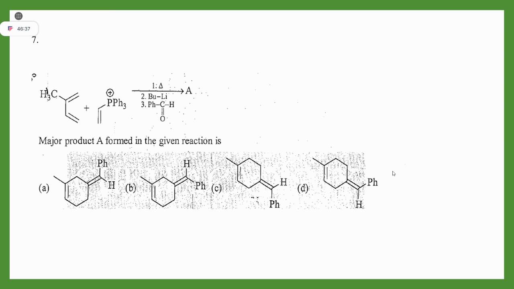Here, first your Diels-Alder reaction will take place. Then, in presence of butyl lithium, what will happen? Ylide will form, right? And then that ylide is going to do Wittig reaction with your aldehyde. So I have given you the sequence of reactions. Now just try to solve this problem. Always, they will use Diels-Alder reaction in the application part.